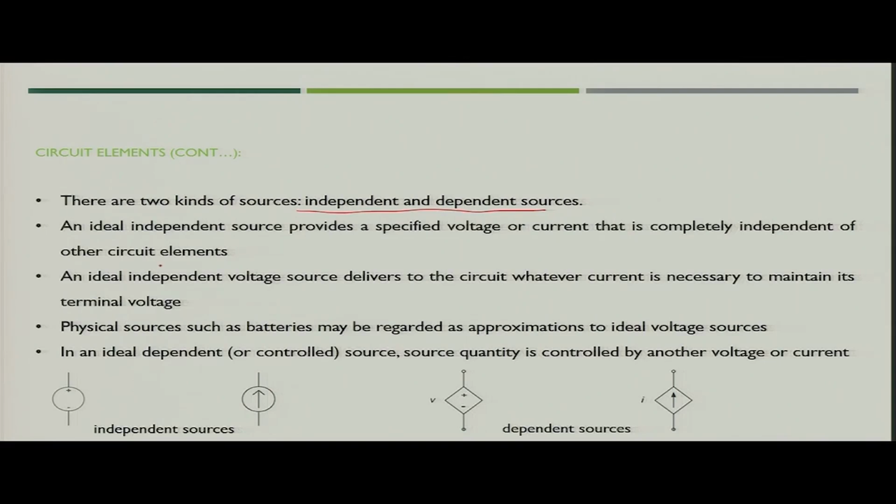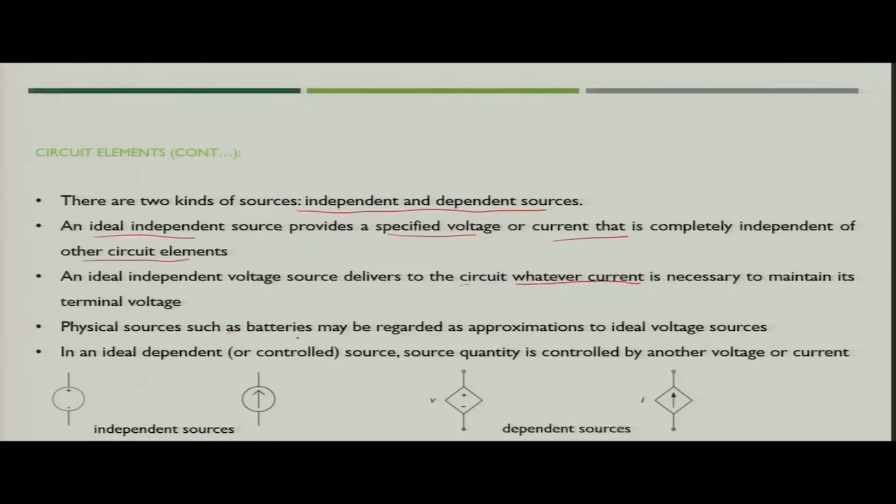In ideal condition, the ideal independent source will provide a specific voltage or current that is completely independent of other circuit elements. In this case, the ideal independent voltage source delivers to the circuit whatever current is necessary to maintain its terminal voltage, because in case of an ideal voltage source, your terminal voltage will always remain constant and it will supply power which is necessary to satisfy the power balance equation in the circuit.